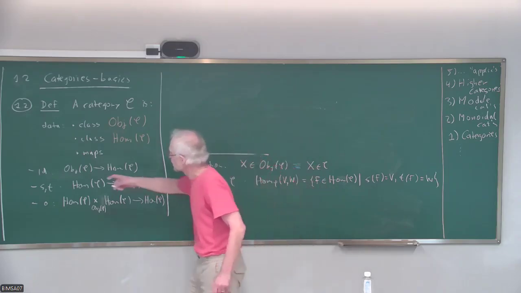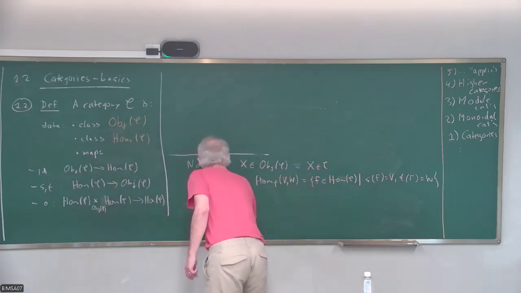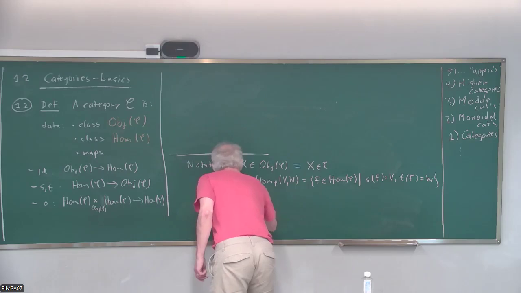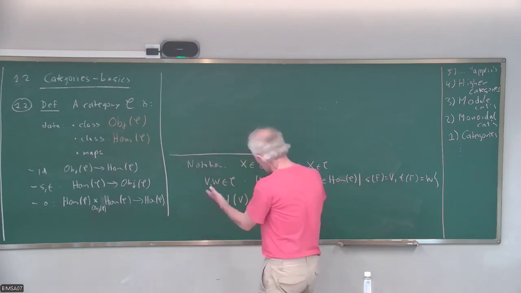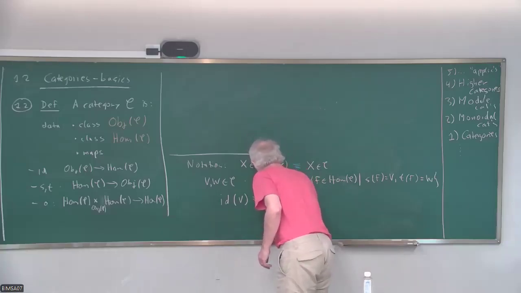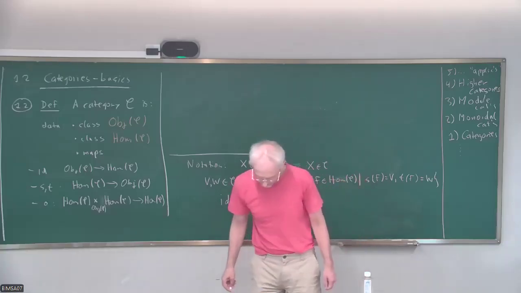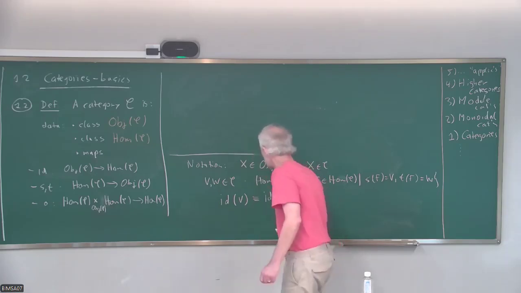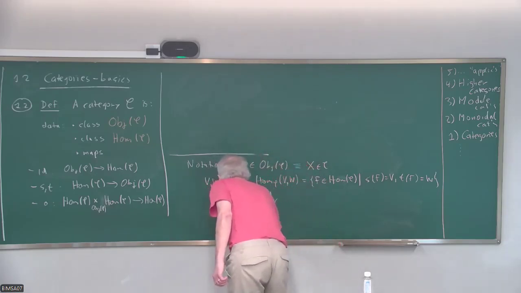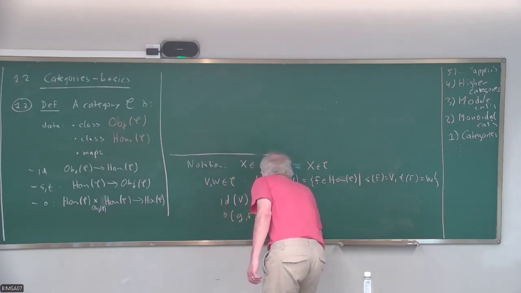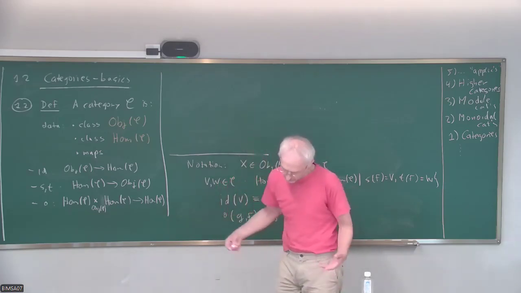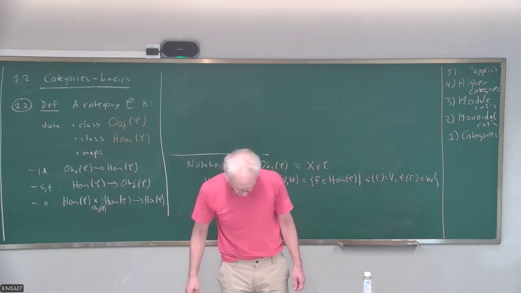Then, when I apply this map to some object, instead of writing this in brackets like for a map, I write identity with V as a subscript. And similarly, if I take this composition, if I compose F with G, I write it as G after F in the usual way for composition of maps.